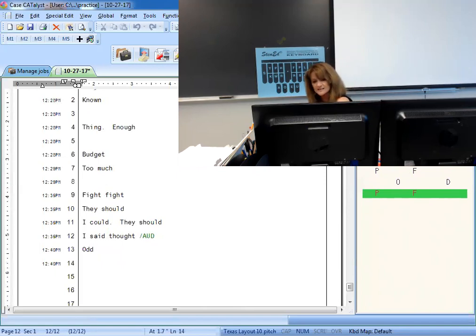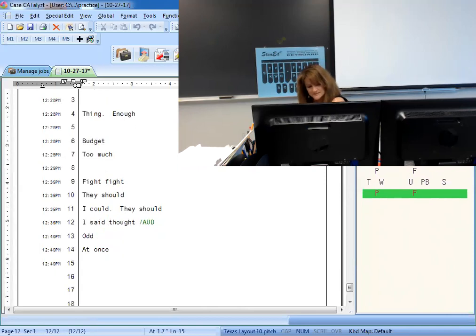At once is TWUNS, at once. Other is OERT asterisk or OER asterisk. And this is going to be at 60 words a minute. Make sure you've included all your punctuation.